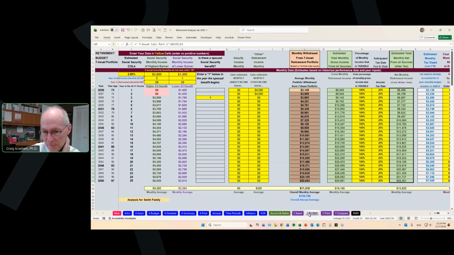So I think that's really a valuable addition and improvement to the software. Because if you prefer to be in the 7 asset tab, you now have the ability to fully complement the 7 asset portfolio data with your actual best estimates of your overall budget picture.